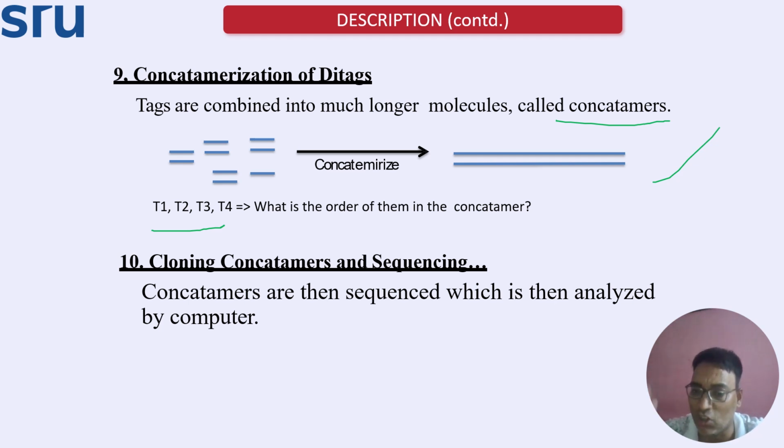Or does it have any order for it? Like T1, T2, T3, T4, or T4, T3, T1, T2, or T1, T2, T4, T3, anything. Or can I even find it out?